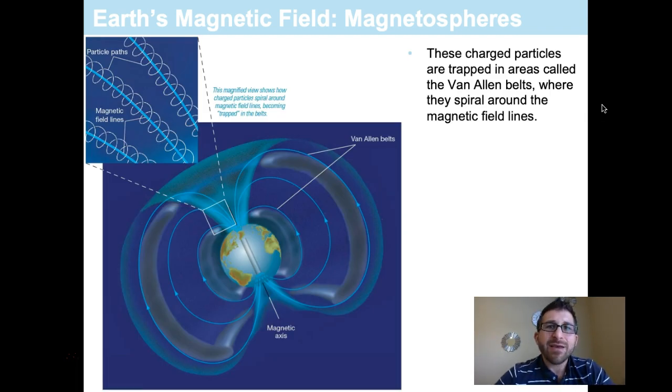Now, as particles interact with magnetic fields, they can become trapped on those magnetic fields because the sun's solar winds are charged particles, or ions. Ions can travel along an electric field or magnetic field, and these Van Allen belts are areas for which there is a large concentration of these charged particles.